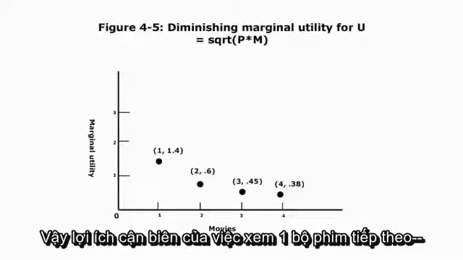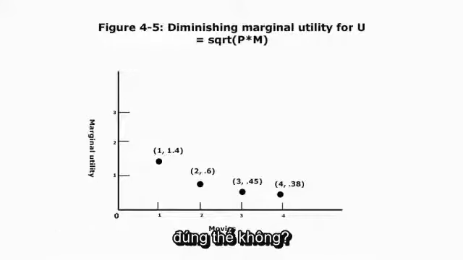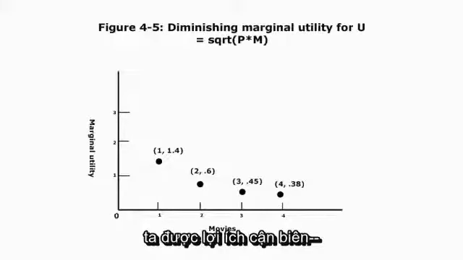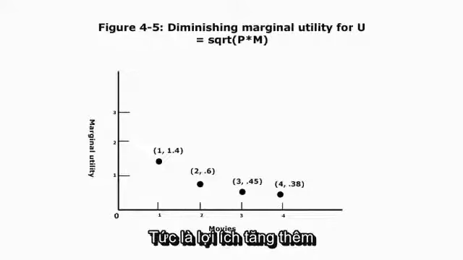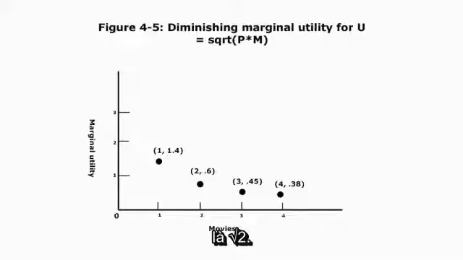So the marginal utility of that next movie, 2 movies, 1.4. You're going to multiply your utility by the square root of 2. I'm doing this wrong. Hold on.